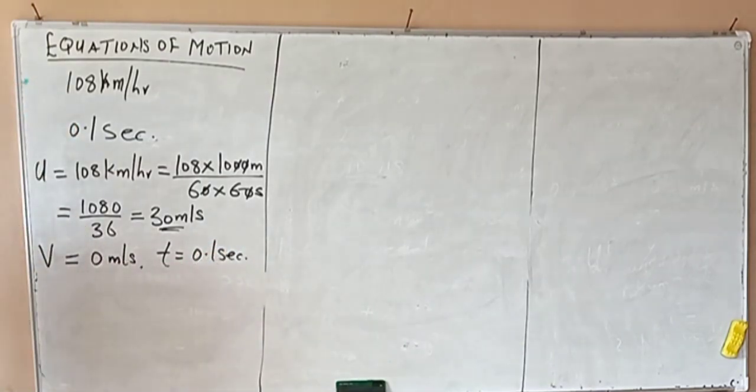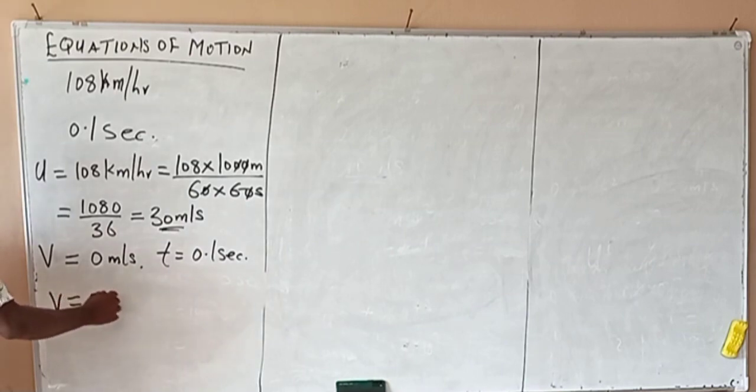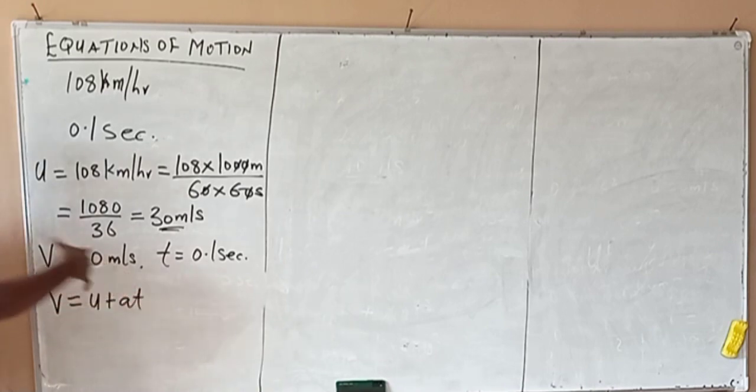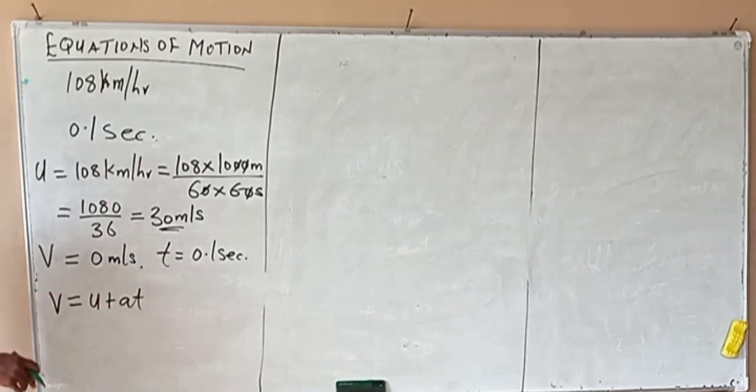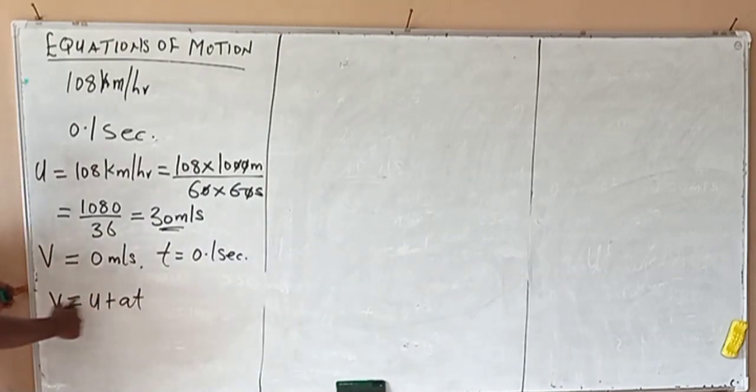Then let's see what we're going to have. We know that V is equal to U plus at. Let's look at the acceleration of the body. The deceleration of the body is negative acceleration. So we have V minus U over t is equal to a.